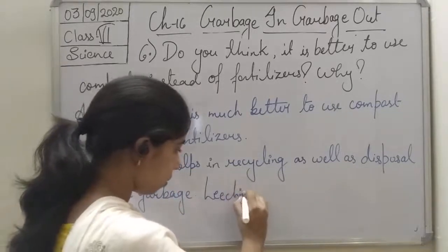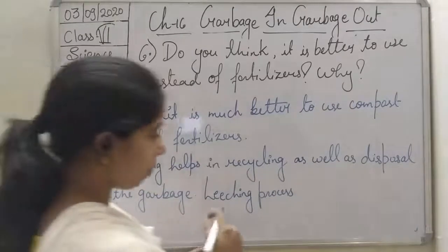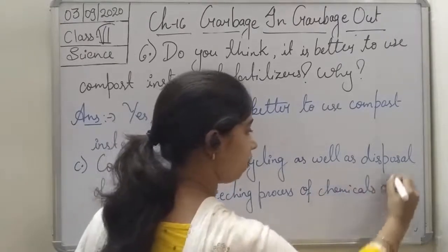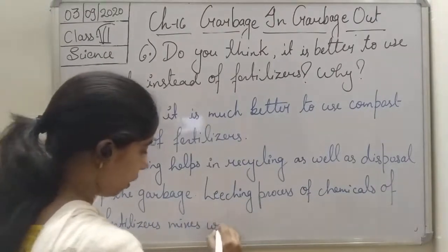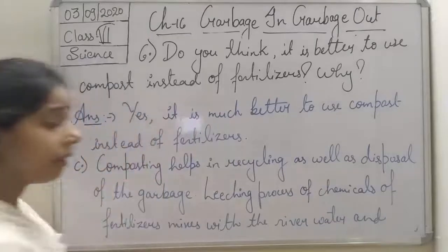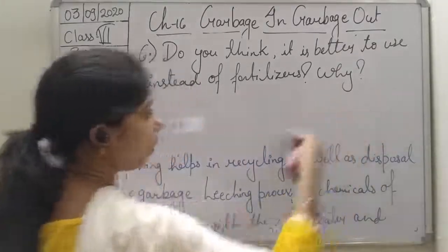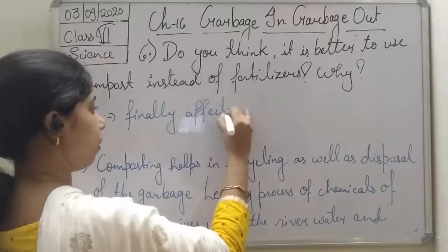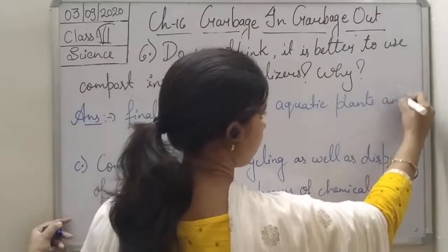So the leaching process of chemicals of fertilizers mixes with the river water and finally affects the aquatic plants and animals.